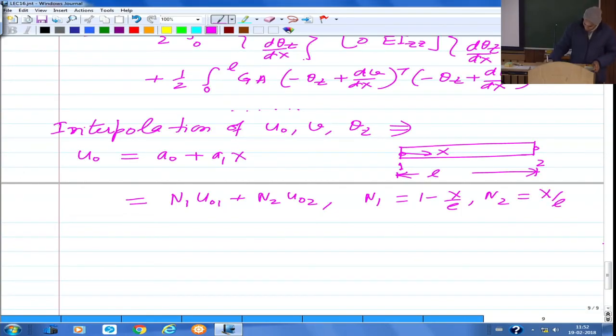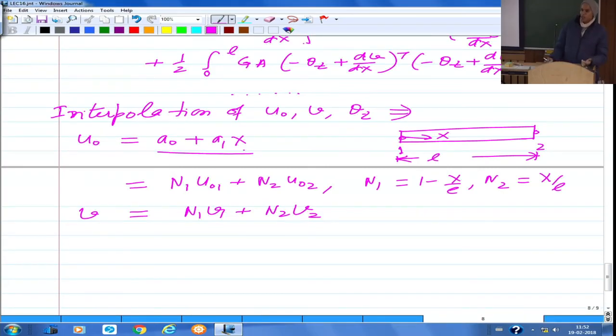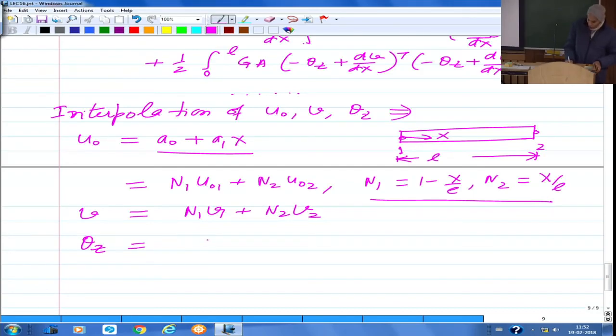Similarly, you can write V as N1 V1 plus N2 V2, because corresponding to V also, within the element, we have 2 degrees of freedom. So I can take a solution of the same form, B0 plus B1 x, and when we write B0 and B1 in terms of V1 and V2, this is what we get. These interpolation functions are the same. In the same way, theta z would be N1 into theta z1 plus N2 into theta z2.